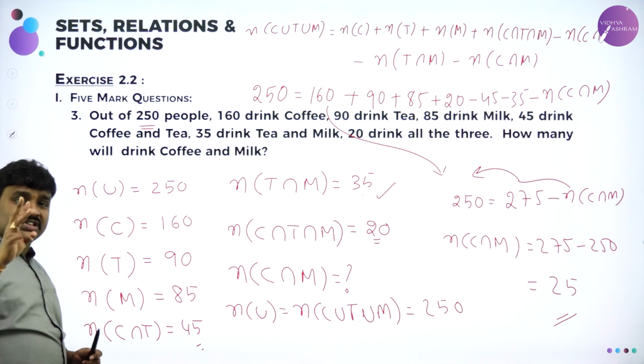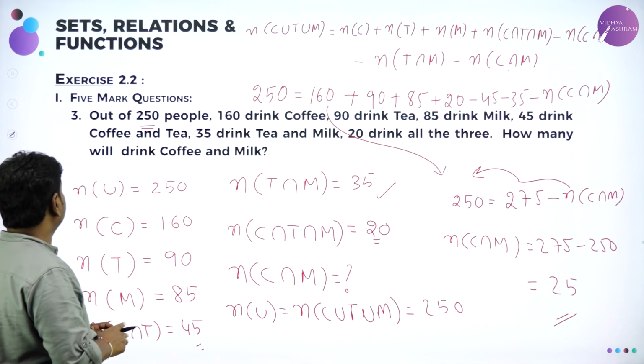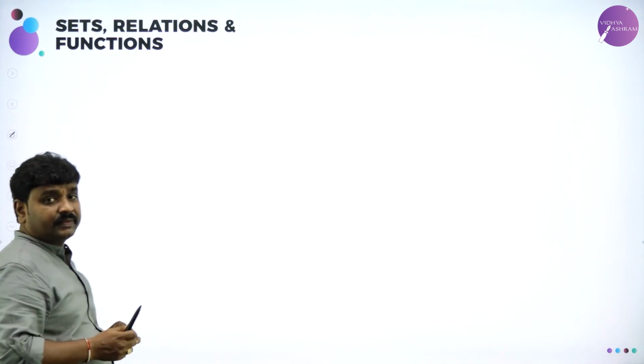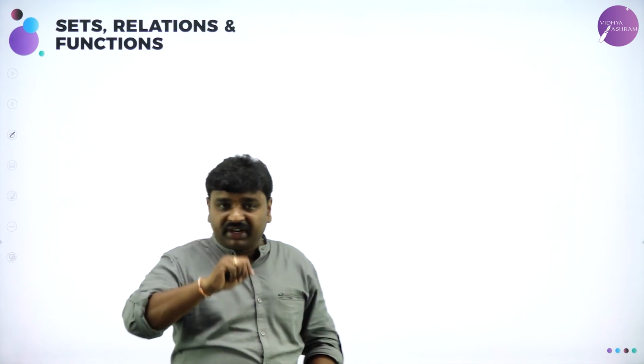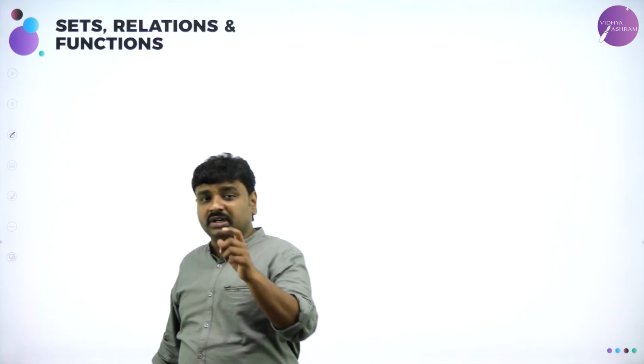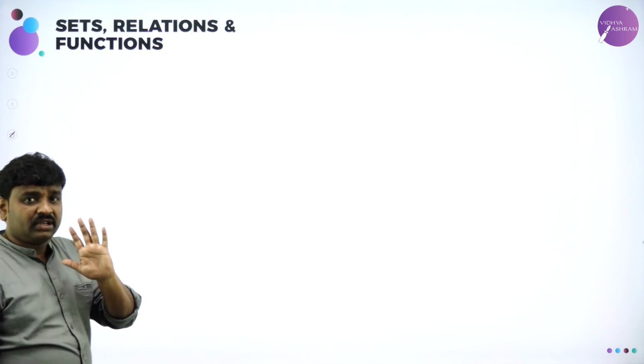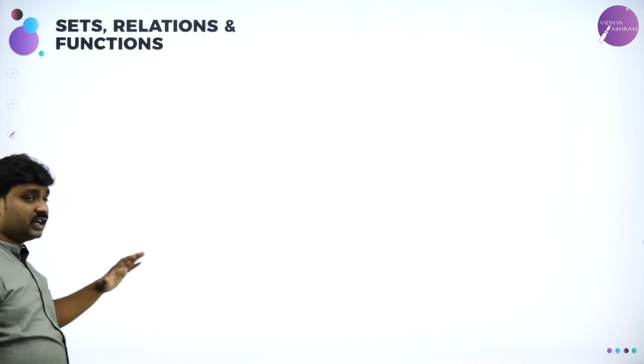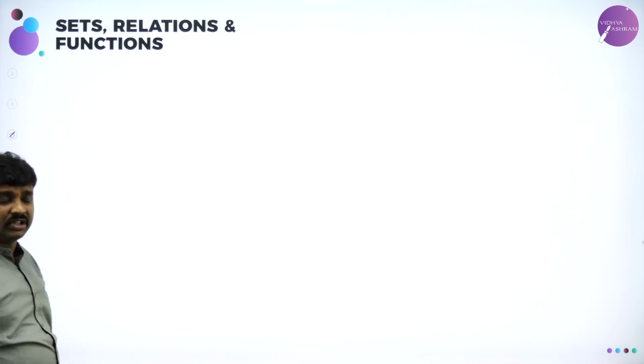So now we have discussed 3 different problems. Let me summarize. We can do the same problem by Venn diagram also, but it is hectic. Read this formula and start solving the problems.